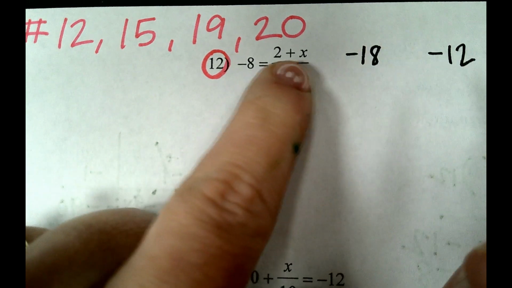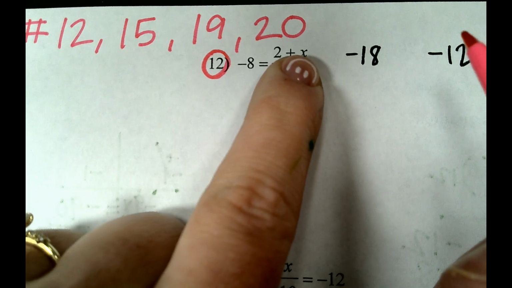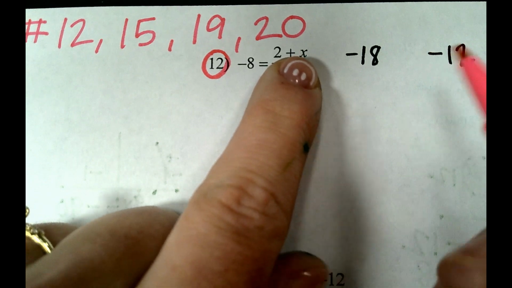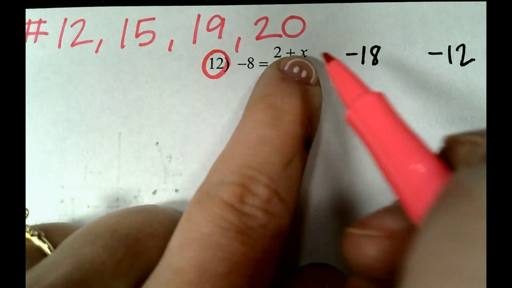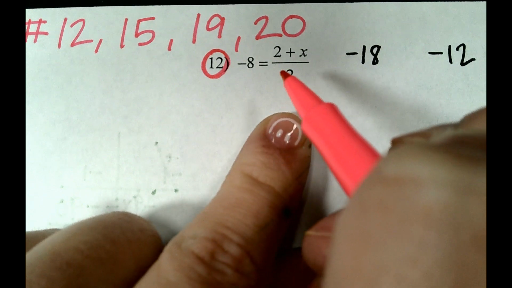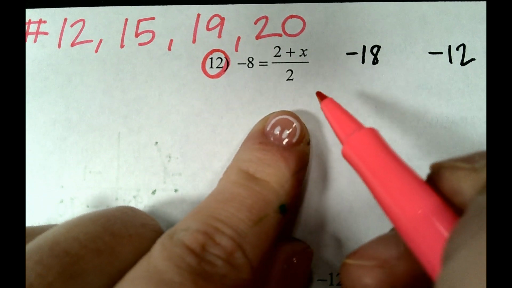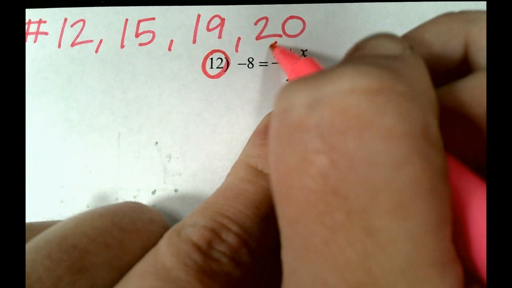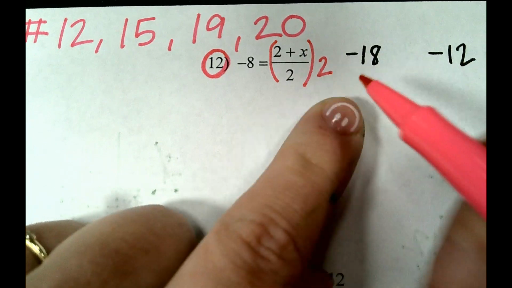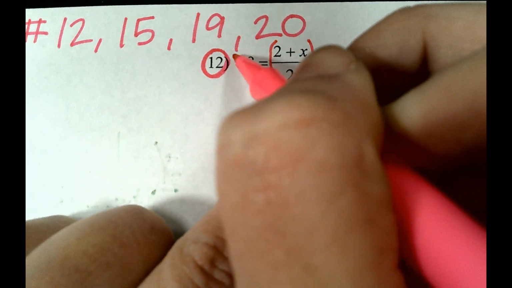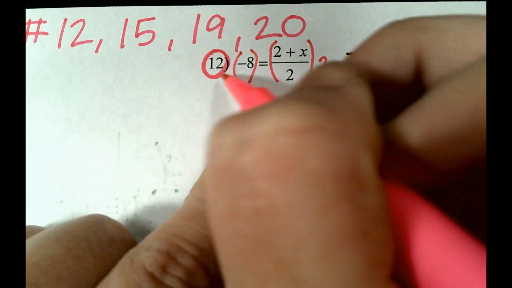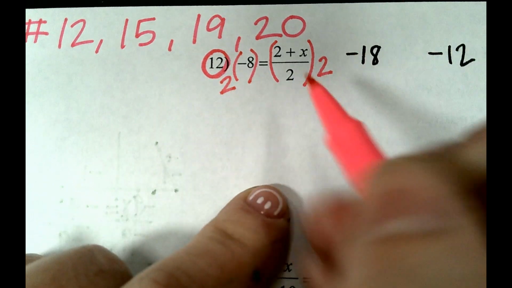If it was just 2 plus x equals negative 8, then yes, we would subtract 2 first. But we have a fraction. Gotta get rid of the fraction first. So we're going to multiply by 2 first. That's the exception rule.